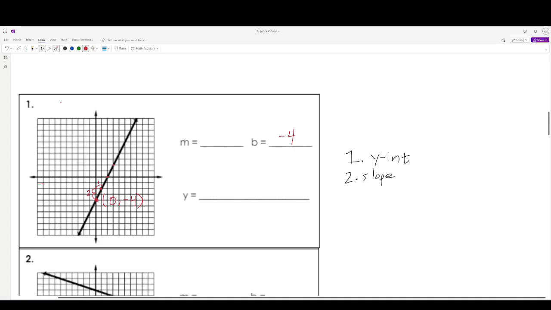So our slope here is 2 over 1, which is just 2. And then our equation is just putting those 2 things together, because those are the two things we need to substitute to create a valid linear equation. So we put y = 2x - 4, and now we have our equation.